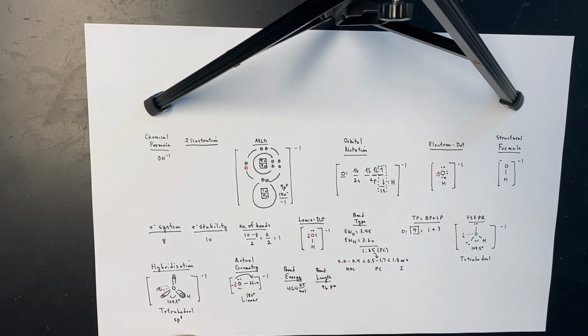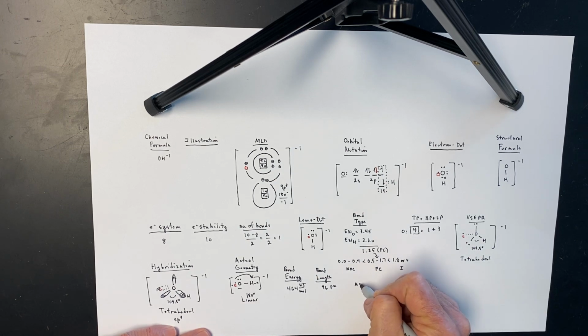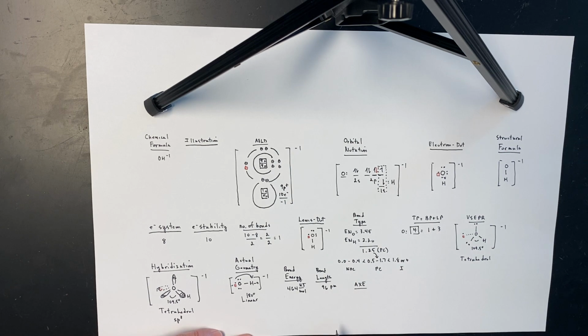And lastly, to determine whether or not this polyatomic ion is polar, well, before we get there, I suppose we should do the AXE system. And in this case, wow, what type of molecule would this be? You have two different atoms, so really it's going to be an AB molecule that is in fact diatomic, right, with a linear arrangement.